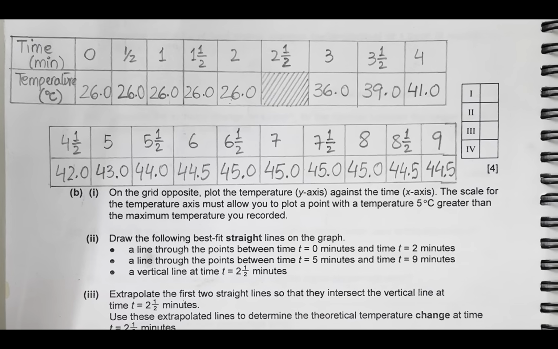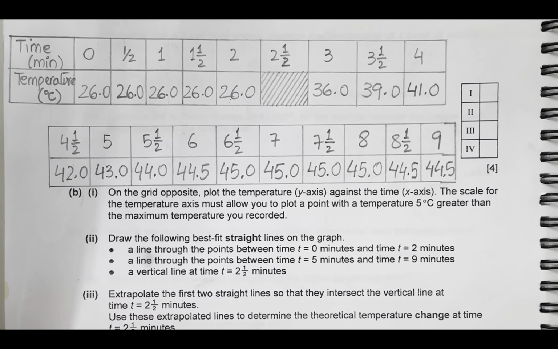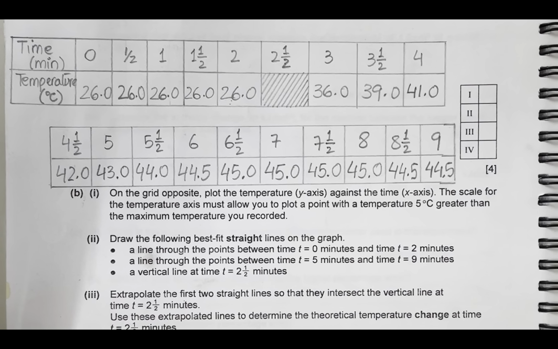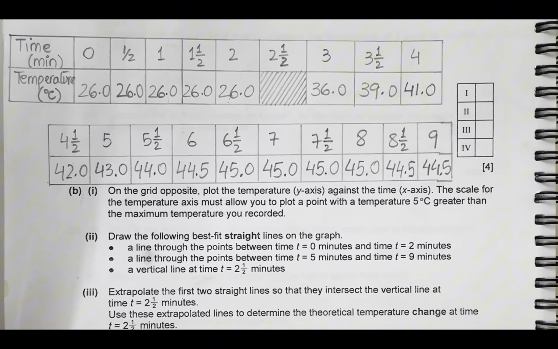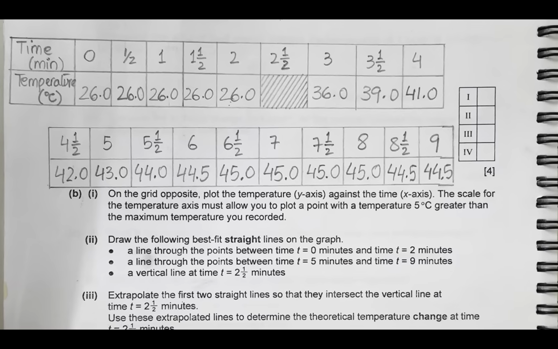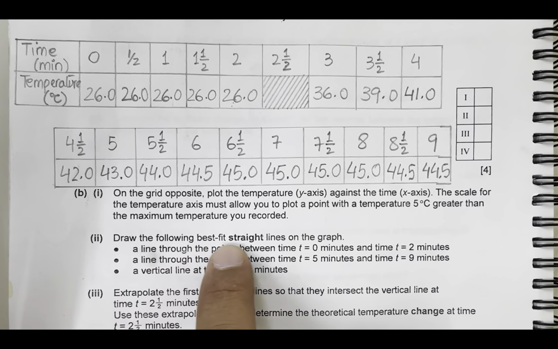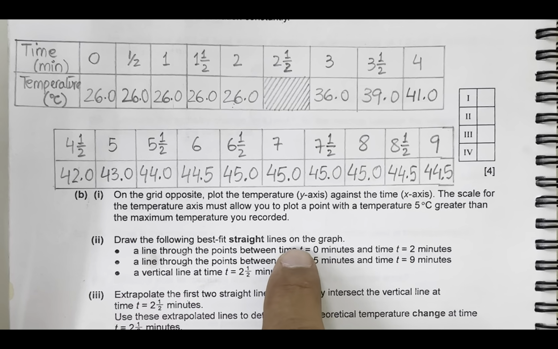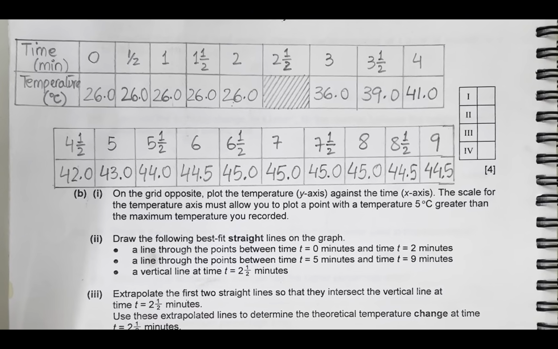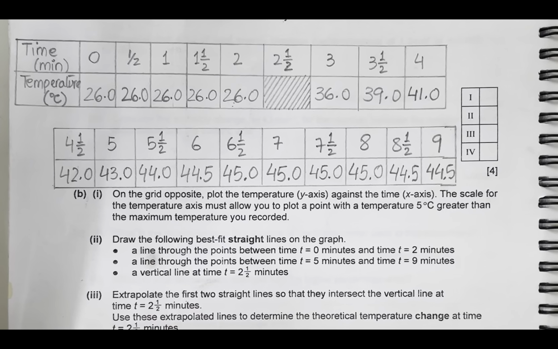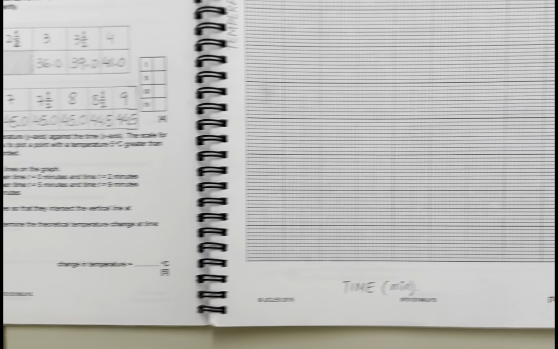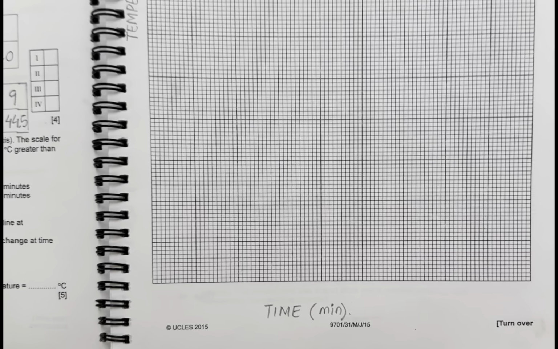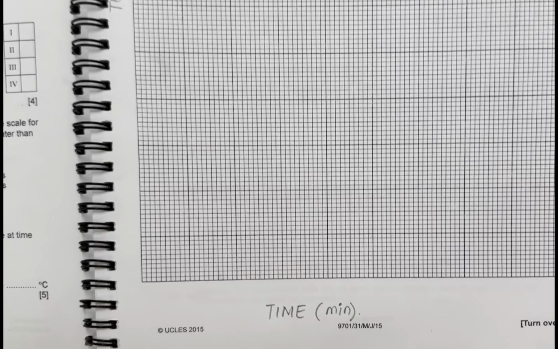And on x-axis, we can plot easily the time, which is 0 to 9 minutes every half minute. And then we will draw as best fit straight lines on the graph as they have said here. So first of all, we need to plot this graph. So the graph we have here, I have written here time on x-axis and temperature on y-axis.